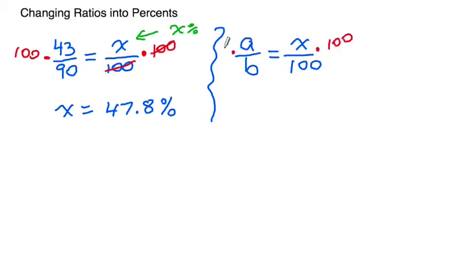The hundreds again, of course, cancel, and you get a nice formula to find the x percent of a fraction, a ratio, is going to be the fraction times 100, or A divided by B times 100. And that'll tell you the percent of B that gives you A.